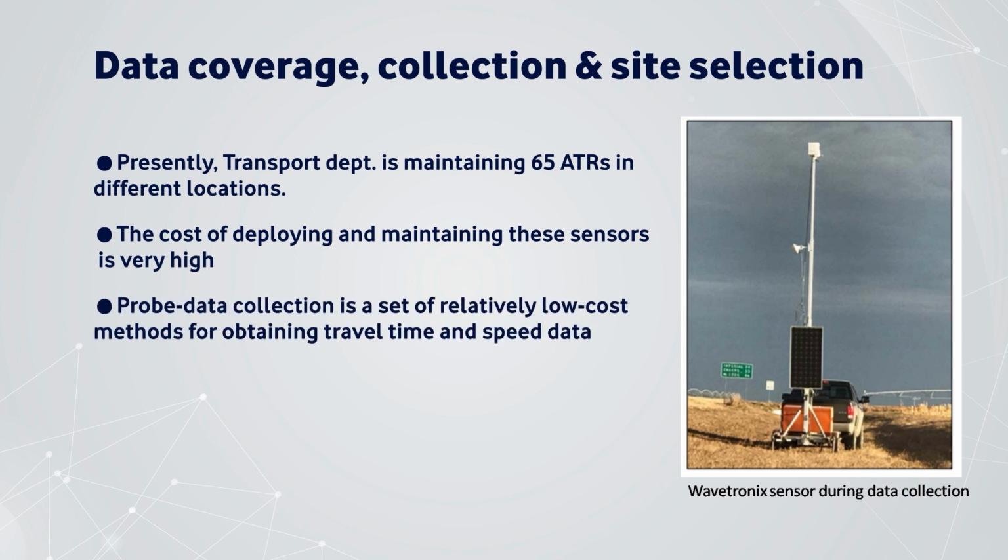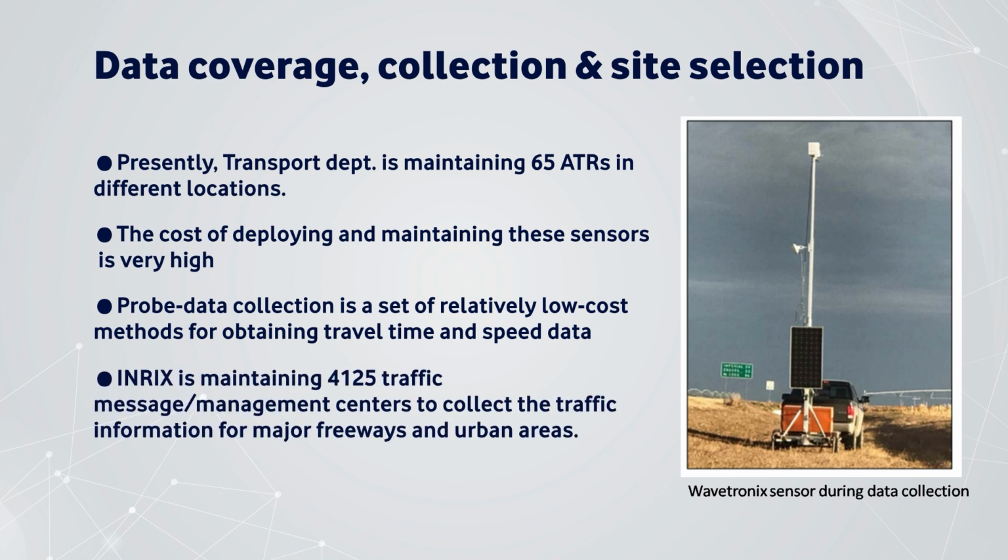Probe data collection is a set of relatively low-cost methods for obtaining travel time and speed data. INRIX maintains around 4125 traffic message channels, which help us collect the traffic information for the major freeways and urban areas.